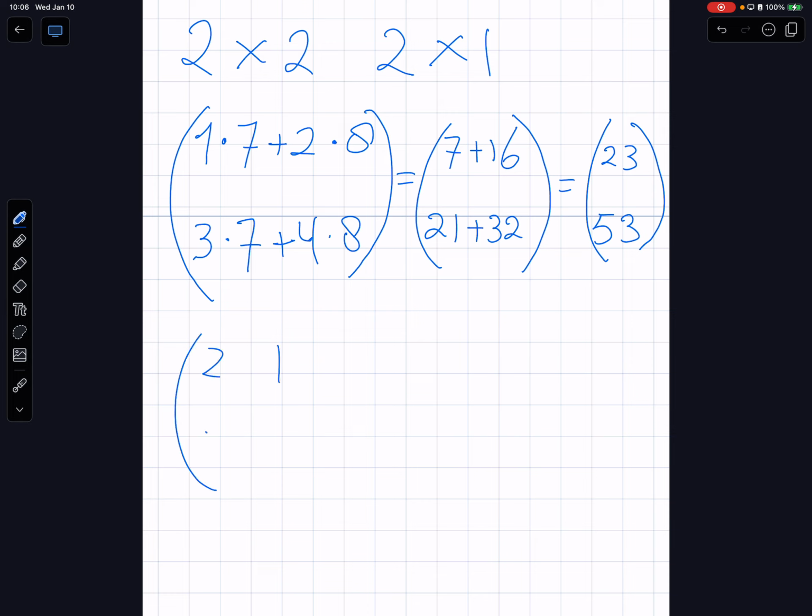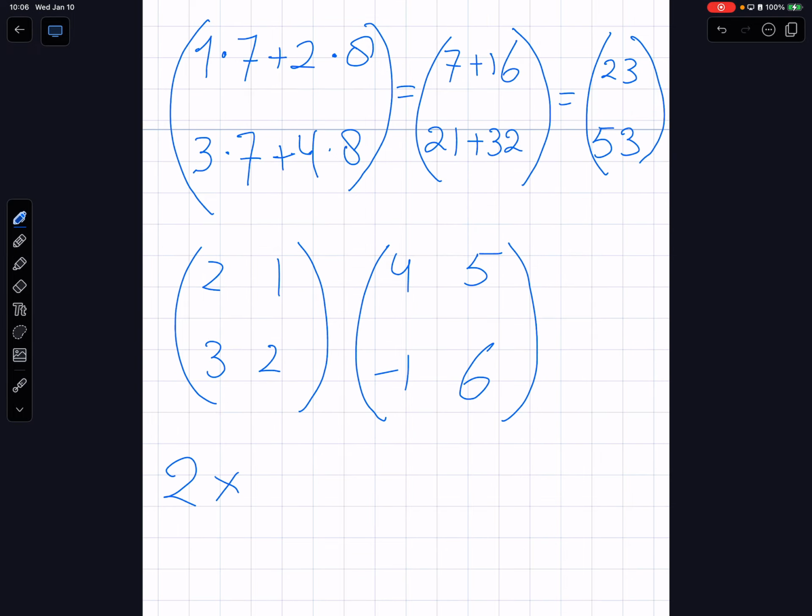So this is a 2 by 2 matrix. The other one is also a 2 by 2.